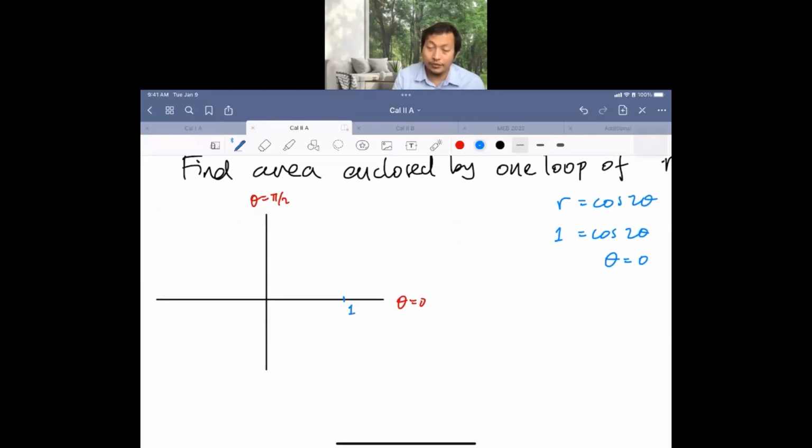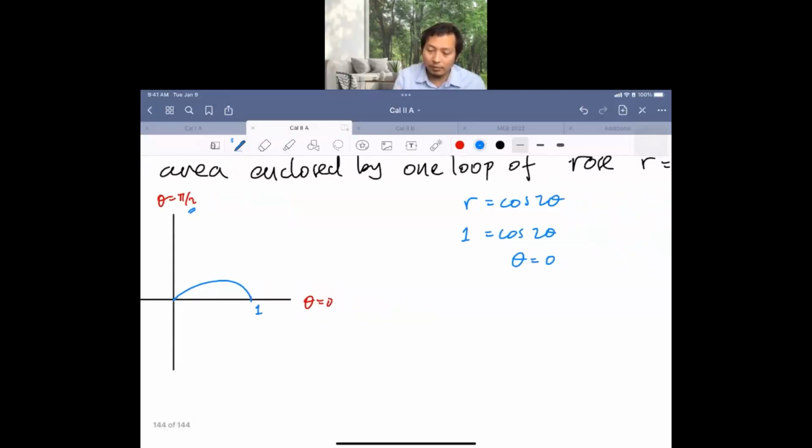And if you want, you could try some special angles and imagine how it looks. And then when theta is pi over 2, it will go back to 0, go here, right?